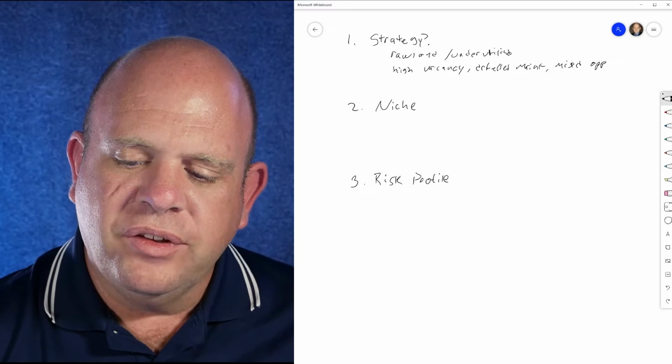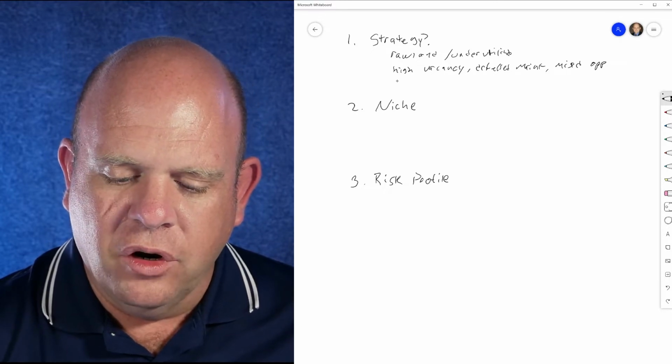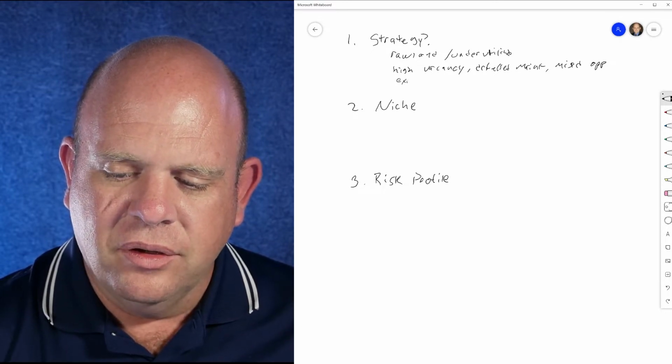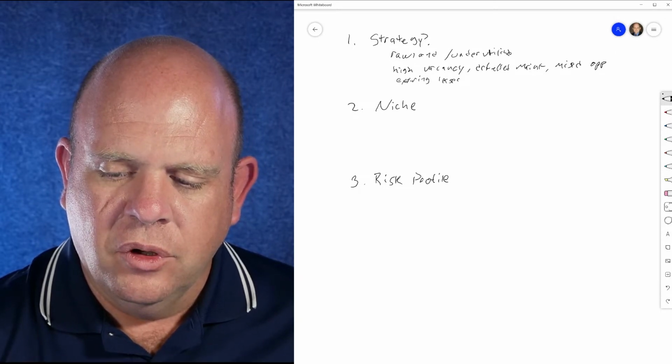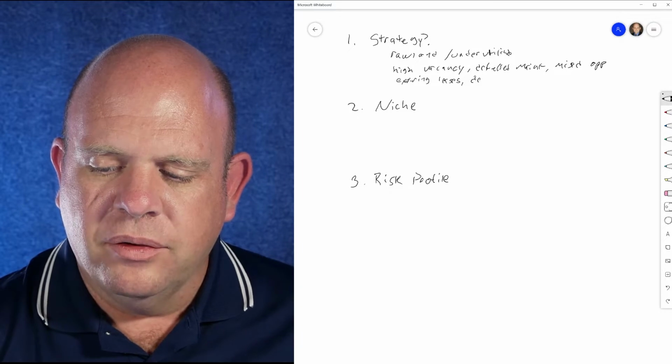If we're doing a stabilized value add, we're looking for expiring leases, or below market rents.